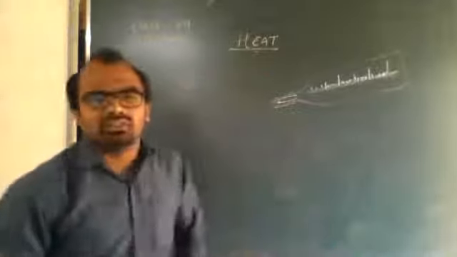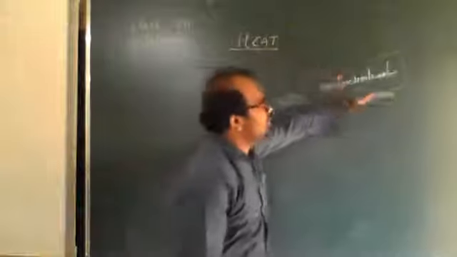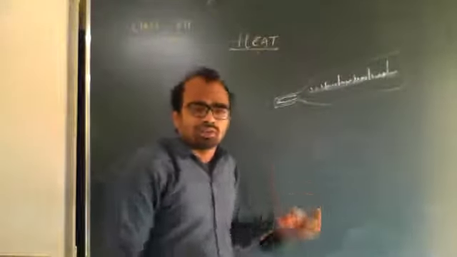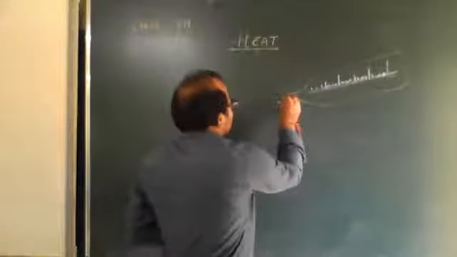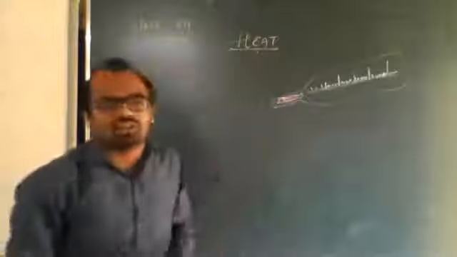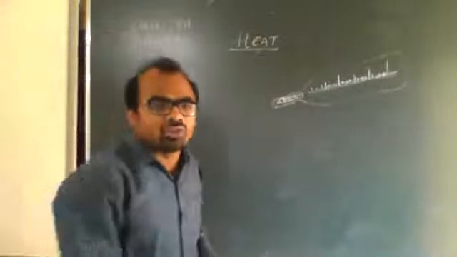We can have the scales on this side or this side. So this is the clinical thermometer. Here the bulb will be present. This is not that good a diagram, but for your information, I have drawn it.